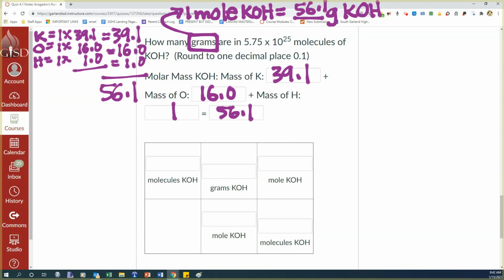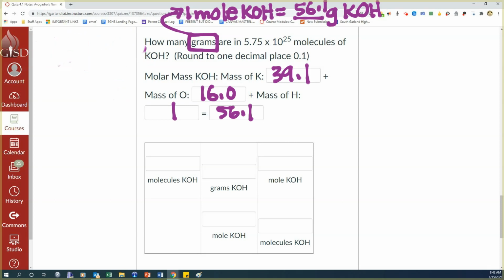The only reason I don't like the way they do it is because they never show the number of atoms if it's a one, and it doesn't make sense for people. It's like, how did they get this? So you have to actually do number of atoms times atomic mass, right? We have to be consistent in how you do it so that it's going to be muscle memory for you later on in life. All right, but wait a minute, are we done? No, because if you keep on reading the problem, I see another keyword, molecules.